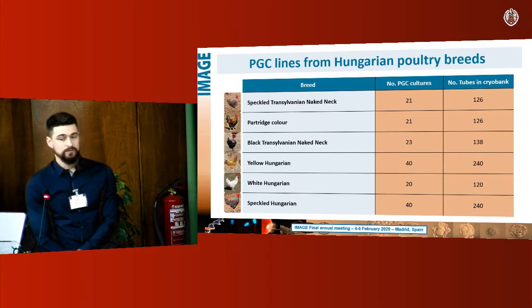We established at least 20 individual cell lines from each breed, and then we made 6 parallel cryotubes for each individual cell line, and we store these parallels in different geographical locations just to improve safety.